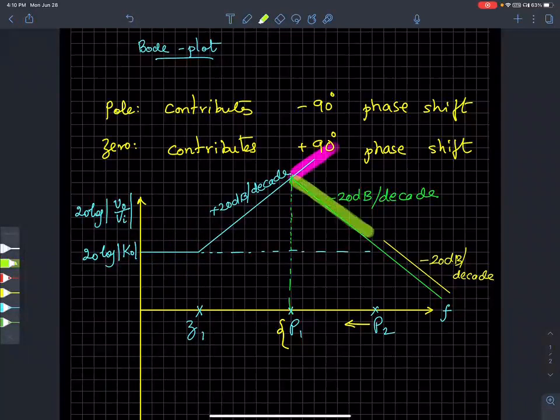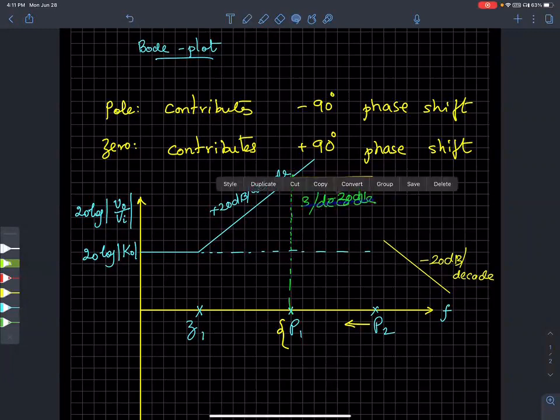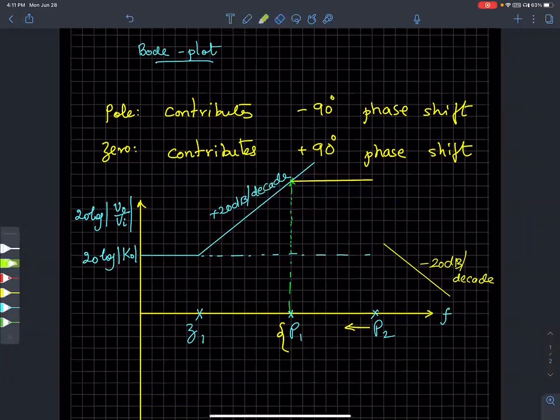In between these two regions, there is an increment because of the zero and a decrement because of the pole. So the net effect is that the magnitude response is going to be flat. But then you begin to notice the effect of the second pole, which is to drop the magnitude response by 20 dB per decade.